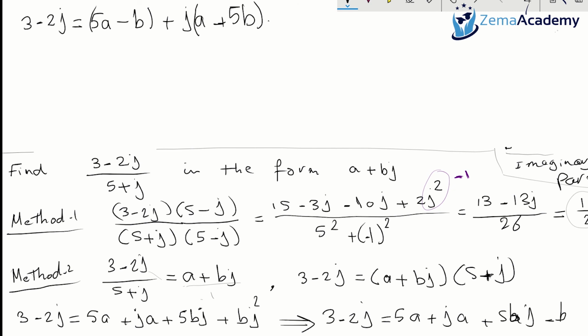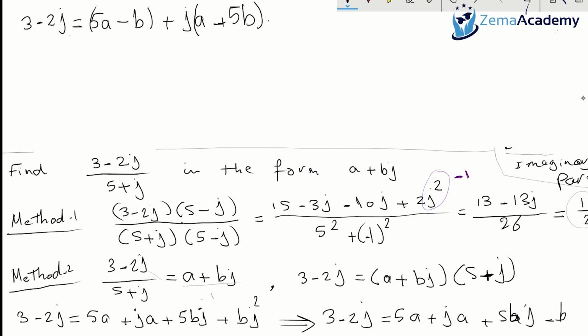Now, we have two complex numbers, 3 minus 2j and the other complex number. And we said two complex numbers are equal when the real parts are equal and the imaginary parts are equal. Correct?